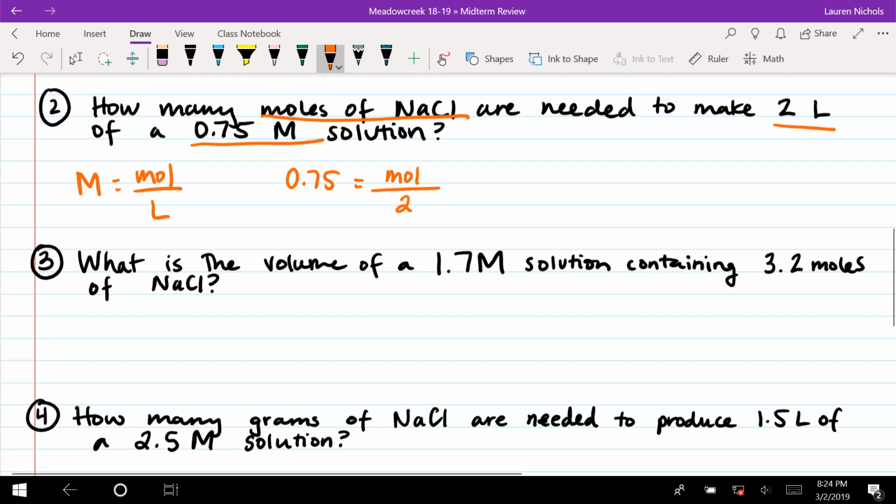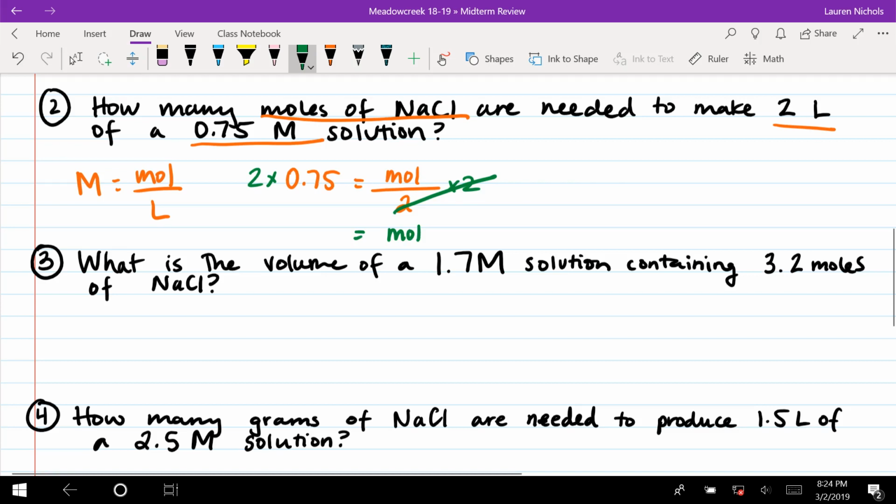Remember, in algebra, if you ever need to solve a problem like this, your goal is to get letters on one side, numbers on the other. To move the 2 away from the word moles, you do the opposite of whatever is happening to it. Since moles is being divided by 2, I multiply by 2 on both sides, and this cancels out.